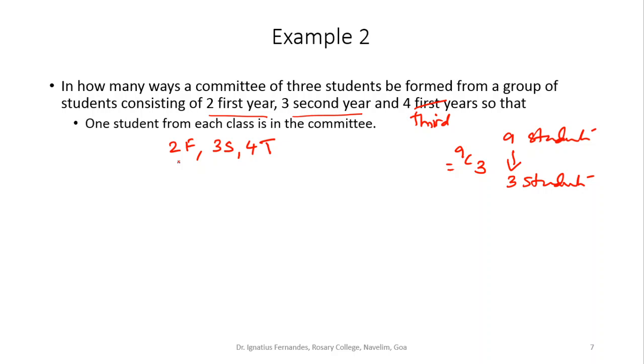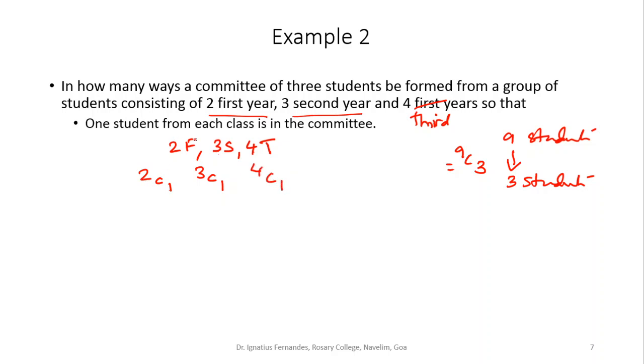So one from the first year, one from the second year, and one from the third year. You will select one from the first year, so you will say 2C1. You will select one from the second year, one from this 3, and you will select one from the third year, that is one from this 4. You can do that in 4C1 ways.